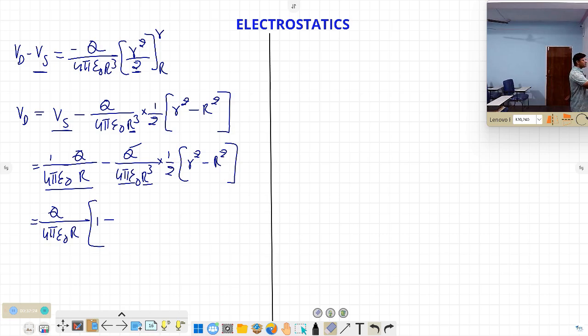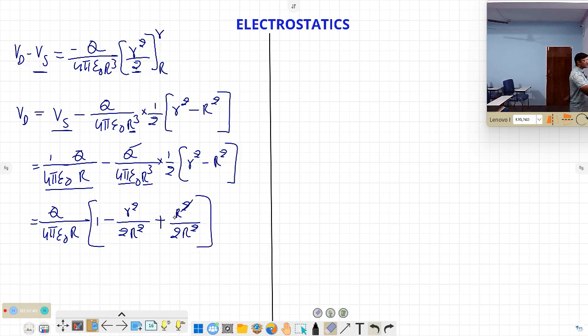That means minus into minus, that is capital R square by 2 capital R square, becomes small r square by 2 R square, minus into minus becomes plus. Now this we can again take inside.